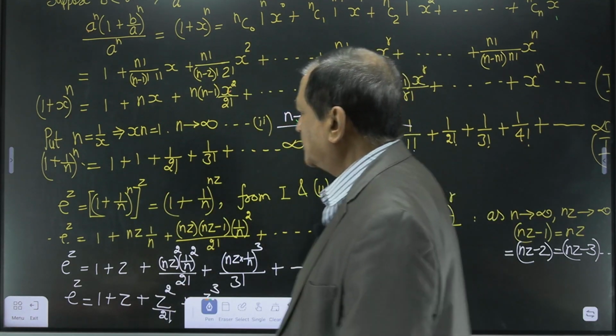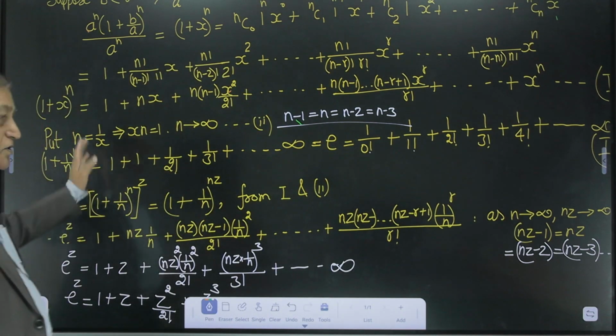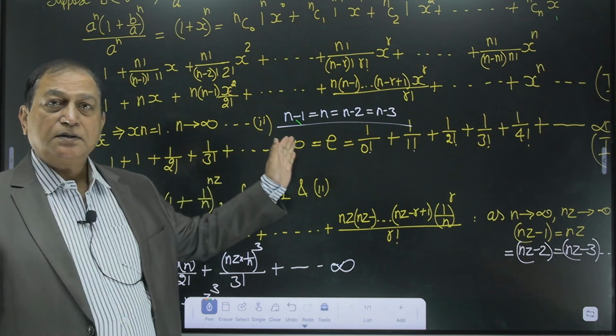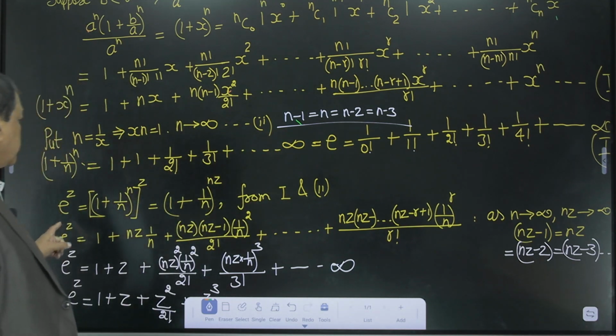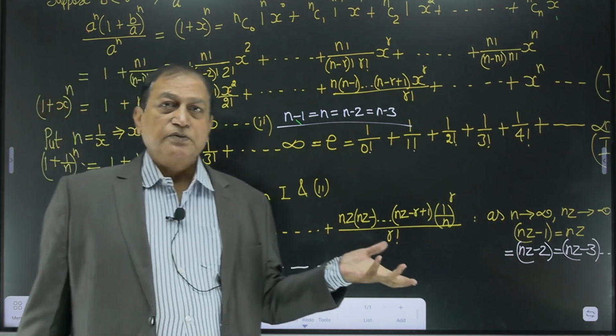Third, we come to e raised to power x, but because we are already using x here in terms of n, let us say e raised to power z. So what is e raised to power z? What will the series become?